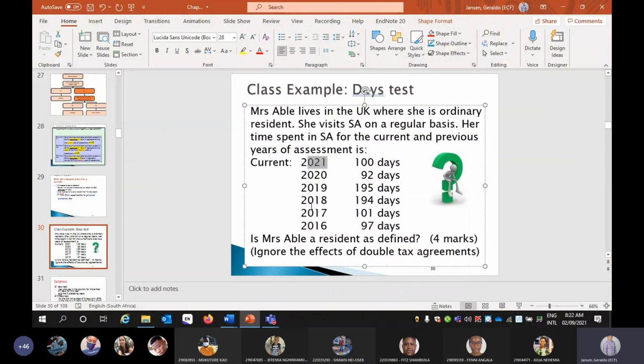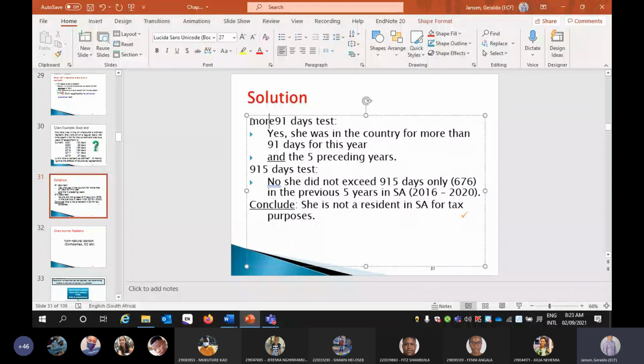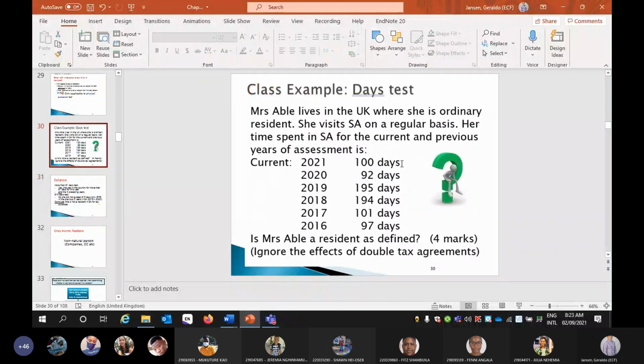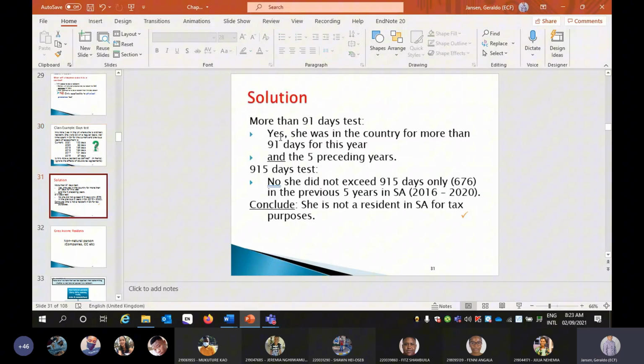So guys, let's look at the solution. So the answer, requirement 1, more than, and I want you to always write more than 91 days test, okay? So let's look, for the current year it is met, because the current year Mrs. Abel was present for more than 91 days. She was present for 100 days. Guys, I want you to tell me that.